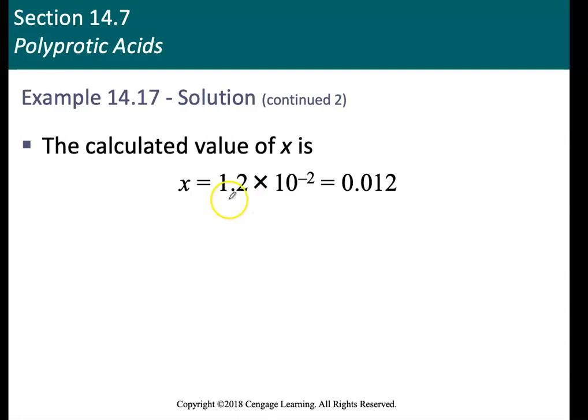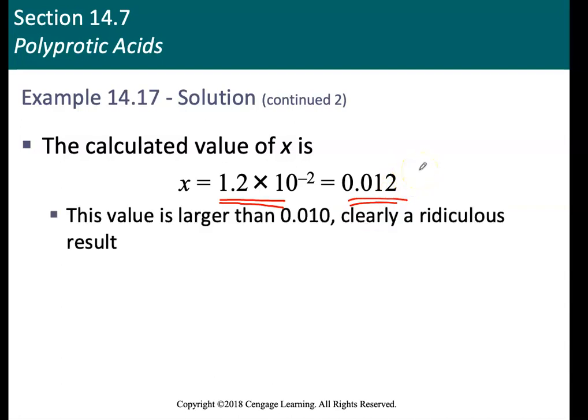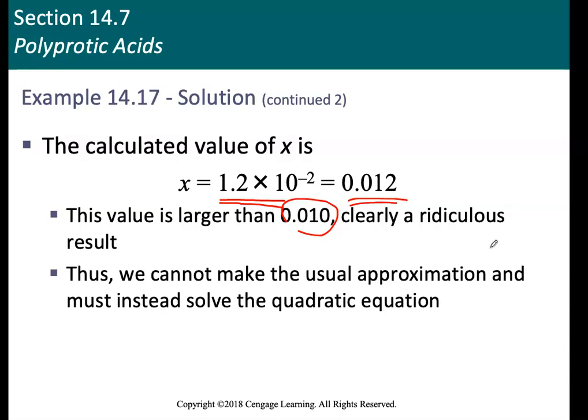So that's what we get, 1.2 times 10 to the power of minus 2, which is 0.012. Now, if you're following this calculation and the values carefully, this is a little bit strange. Why? If you start with 0.01, how can you get 0.012? Ridiculous, right? That's exactly right.